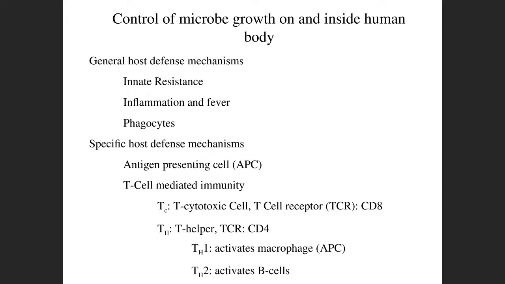Activating macrophage will make the macrophage more effective in capturing bacteria. Activating B cell is to make the B cell differentiate into plasma cell and duplicate and make more. That's what the vaccine is related to.